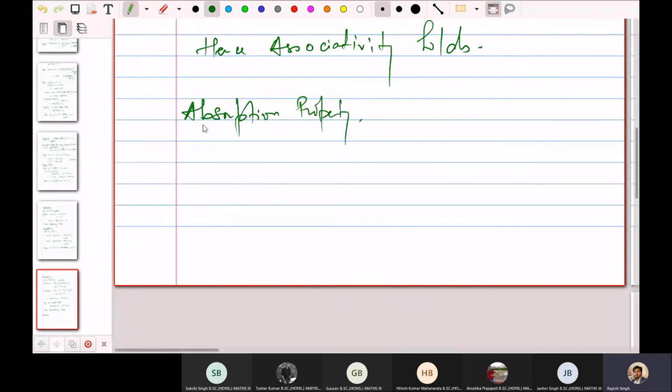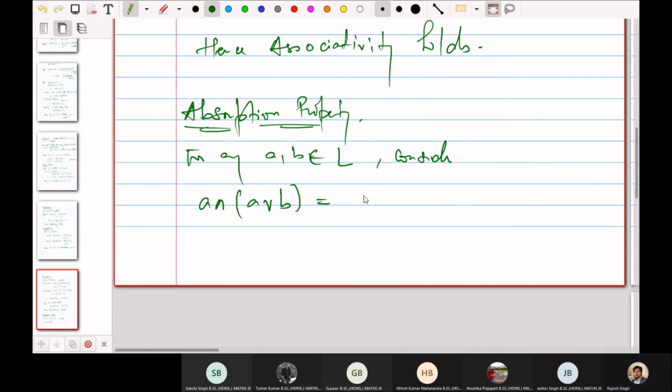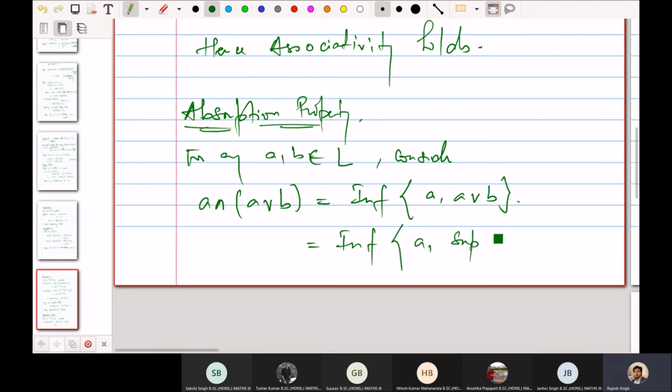इसमें क्या शो करना है हमें? For any A, B belonging to L, consider A cap B. So this we have to show that it is equal to A. So this is infimum of A cup B, which is equal to infimum of A supremum of AB.